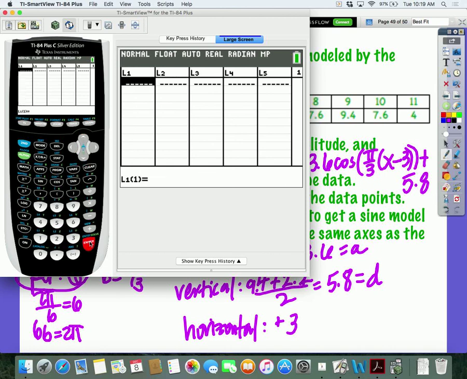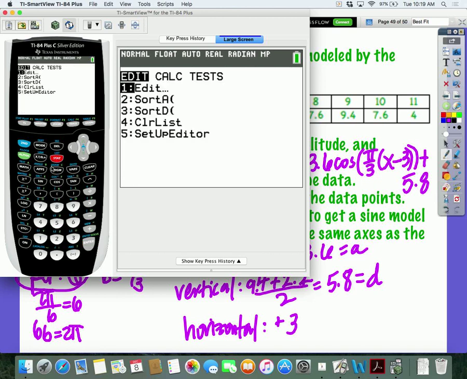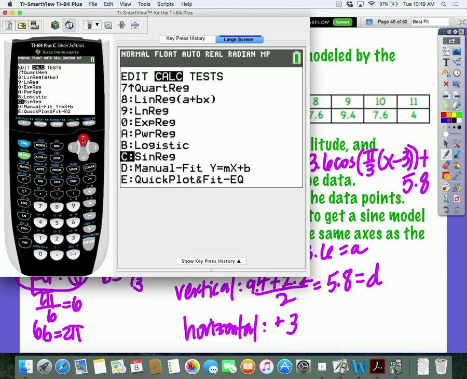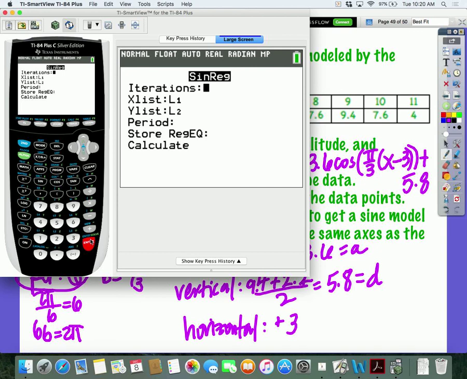You would type in your data, and to get a sine regression, once all your data is typed in, everyone follow me, you would click the Stat button, you would go over to Calc, and you would go down to option C. Yours will definitely look different from mine.